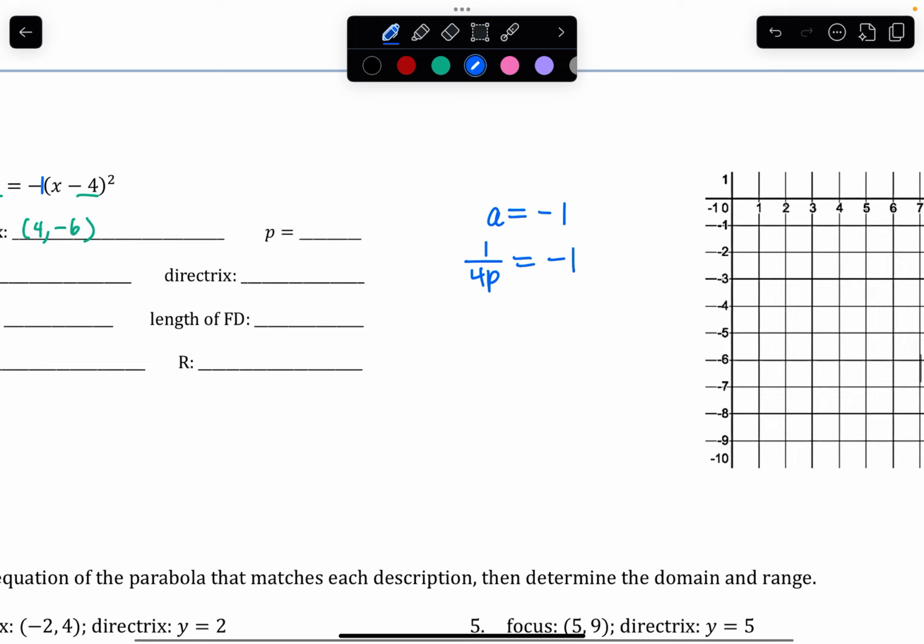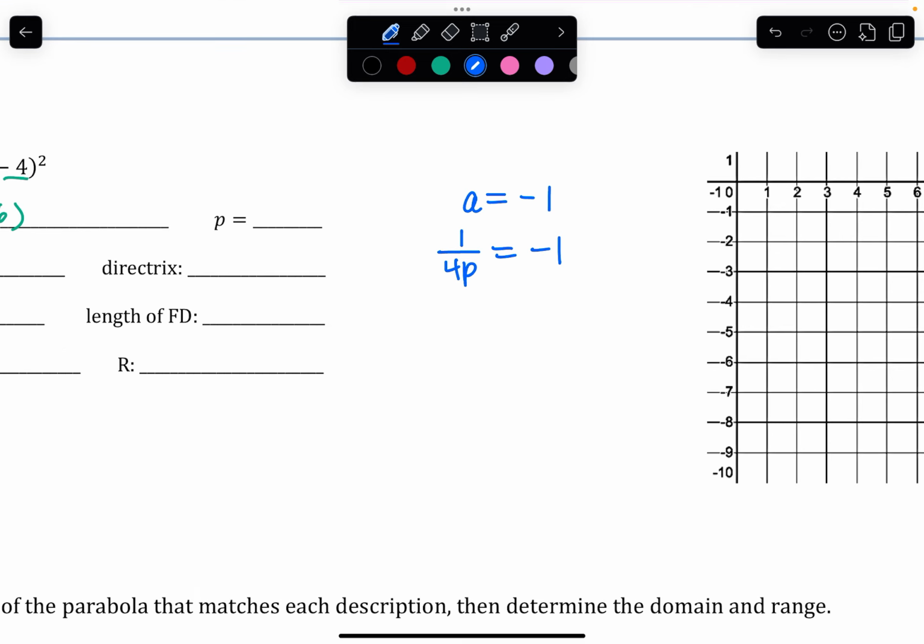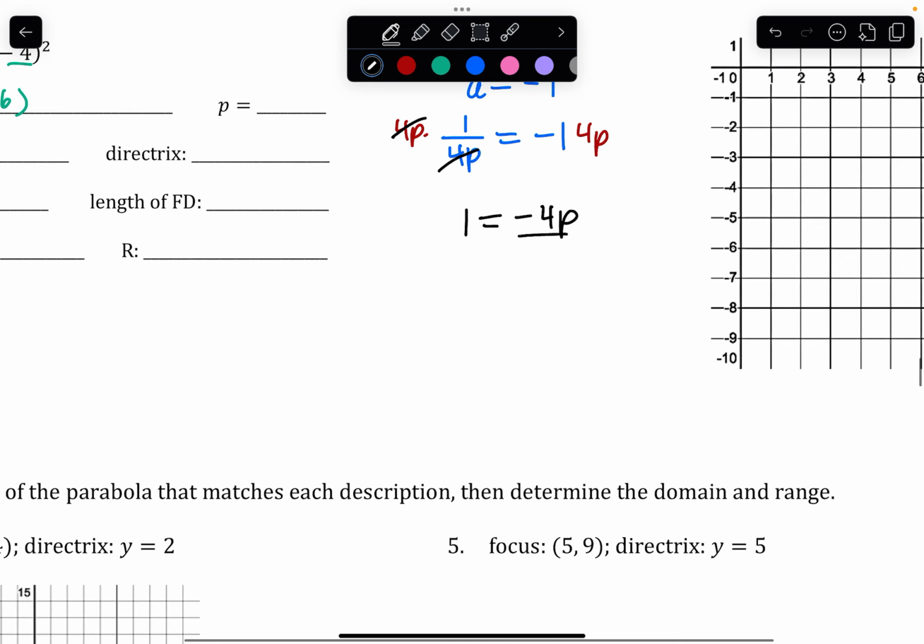You don't really need to cross multiply this because we don't have two fractions. Just multiply both sides by the 4p to get it out of the denominator. That would give me 1 equals -4p, and then divide by -4. And so p is -1/4.